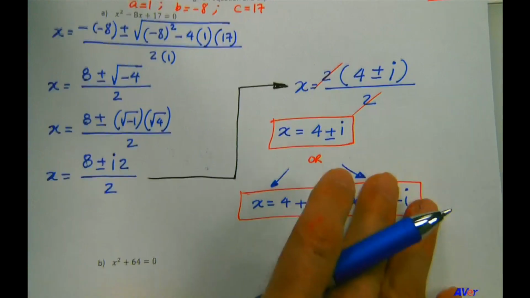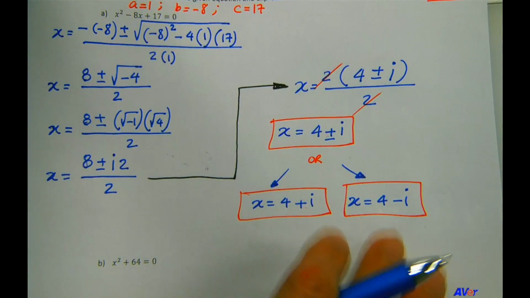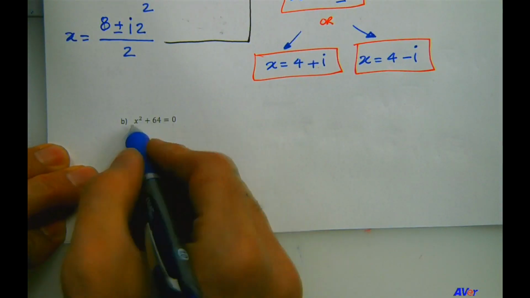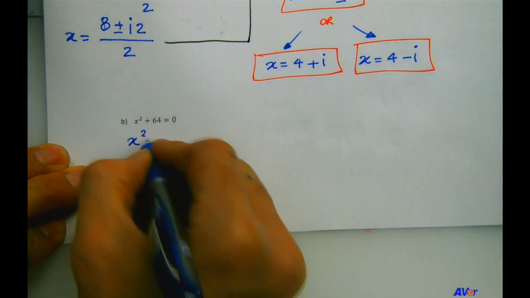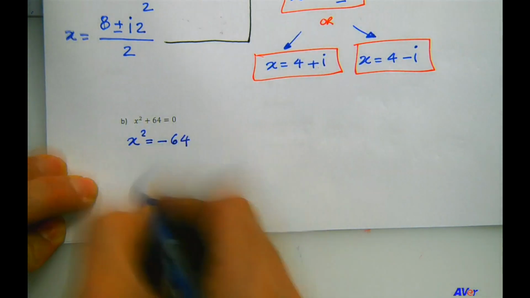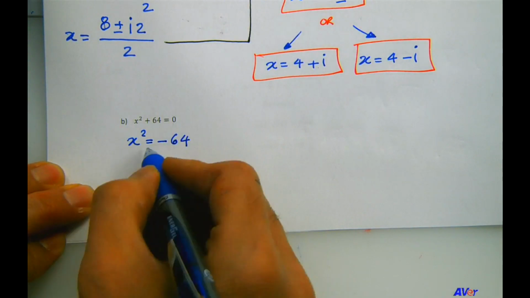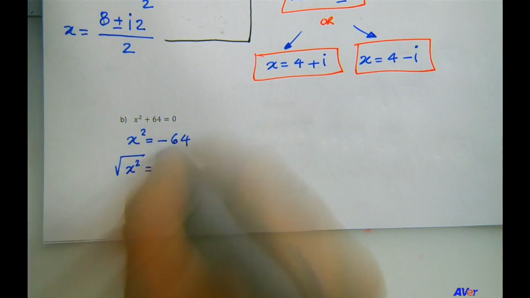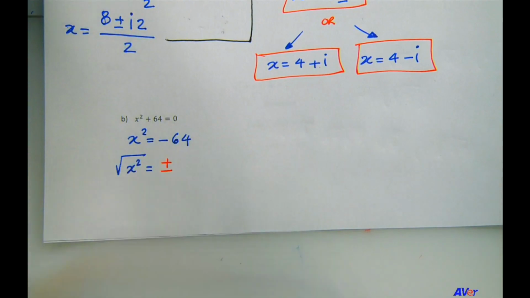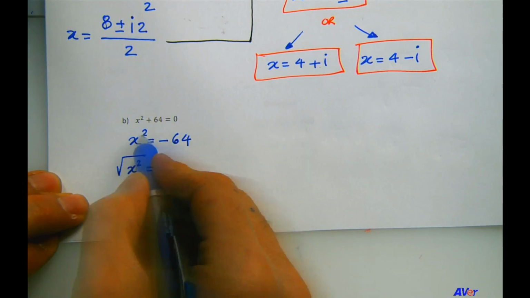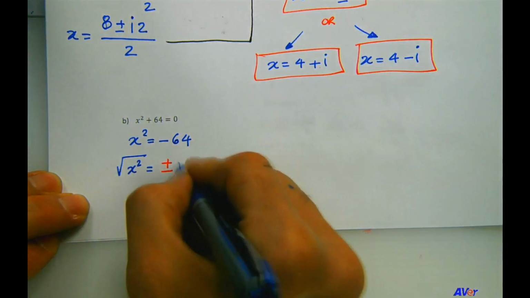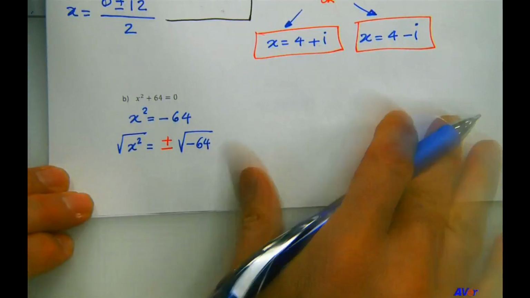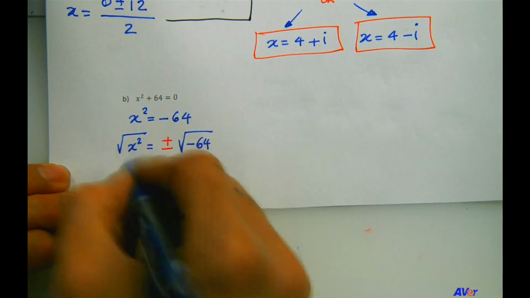Okay, so now the next one, x squared plus 64, that's easier to solve for x, right? Simply move the 64 to the other side, that's minus 64. Then take the square root of both sides. So square root of x squared equals plus or minus, right? When we take the square root, if it's an even root we're calculating, we get plus or minus. Plus or minus the square root of minus 64. That's clearly a complex number. On the left we have x.